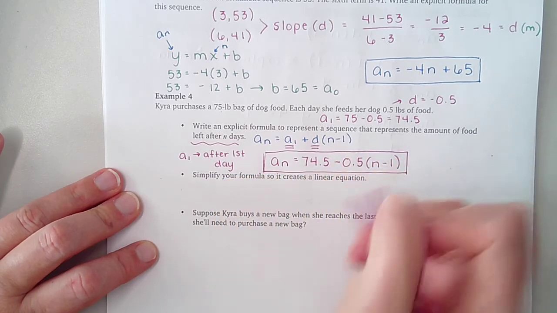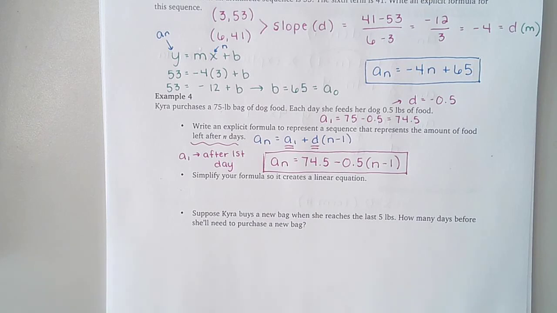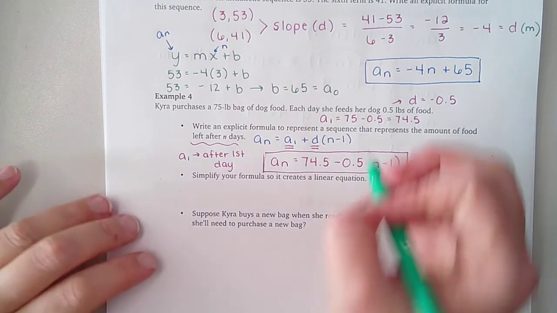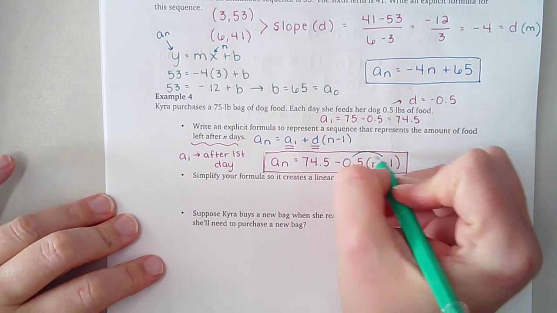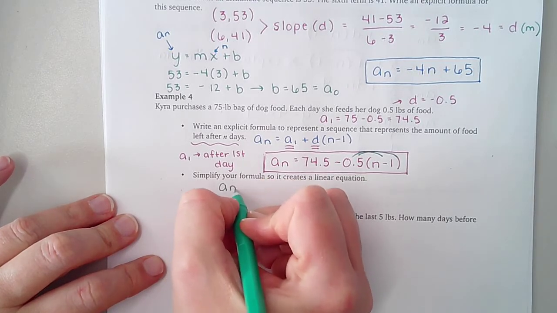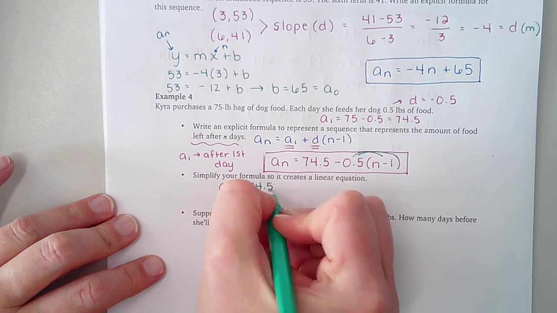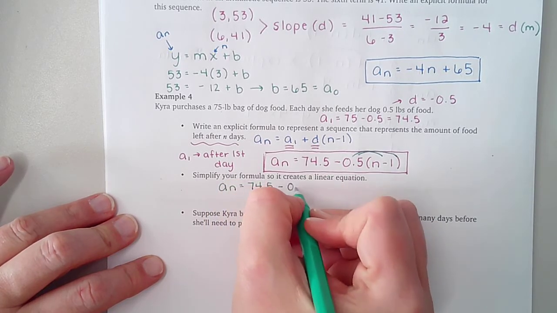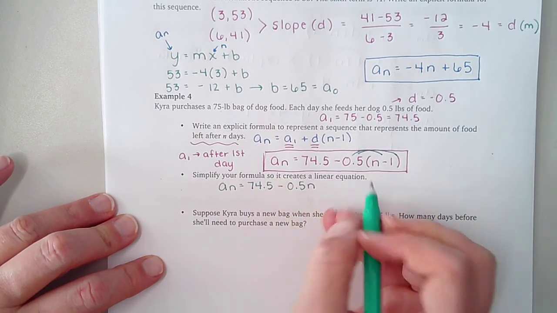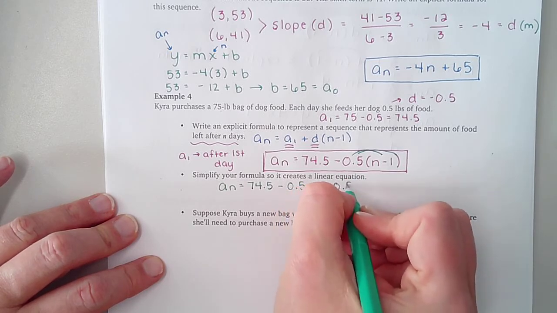Now let's simplify the formula so it creates a linear equation, a y equals mx plus b equation. So I'm going to distribute this negative 0.5. I'm going to say a sub n equals 74.5 minus 0.5n, and then negative 0.5 times negative 1 makes a plus 0.5.